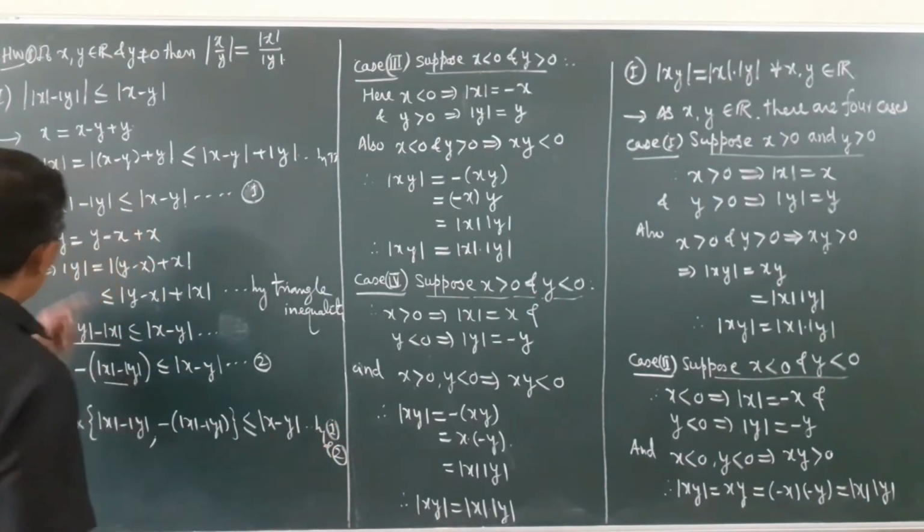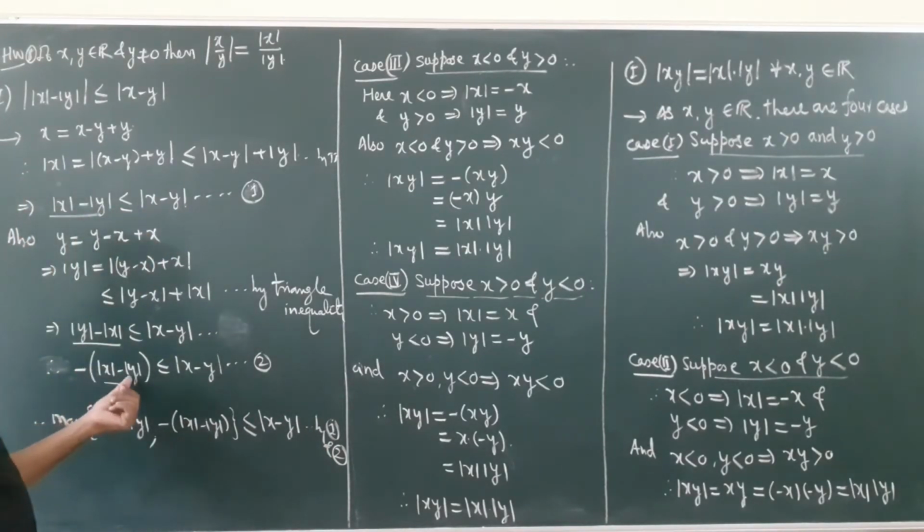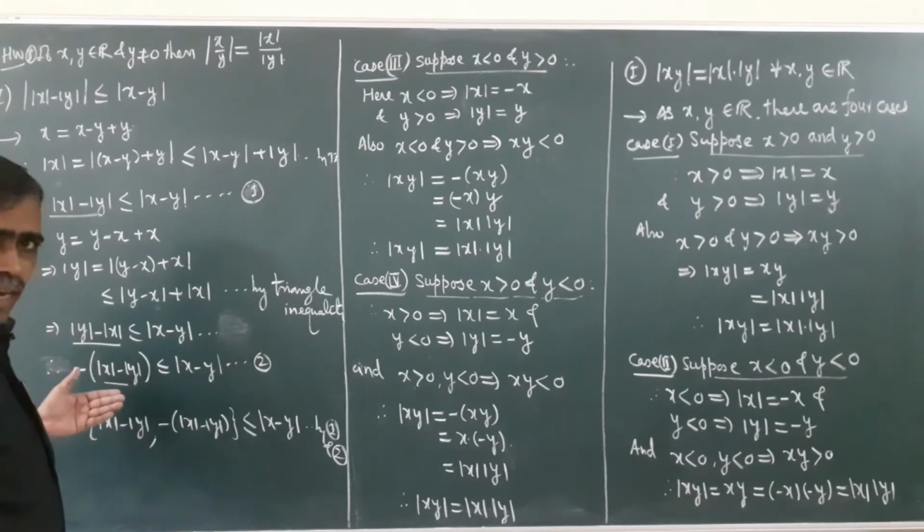Since a is less than or equal to b and minus a is less than or equal to b, the maximum of the two, either a or minus a, will be less than or equal to this.